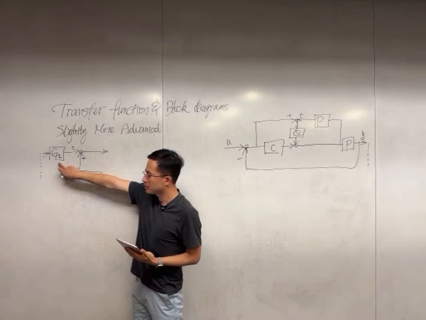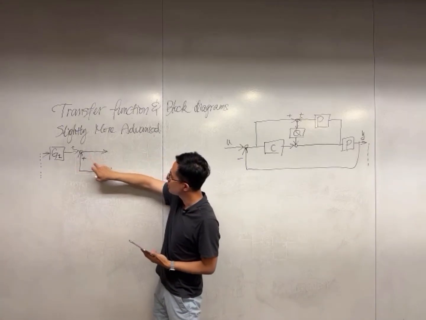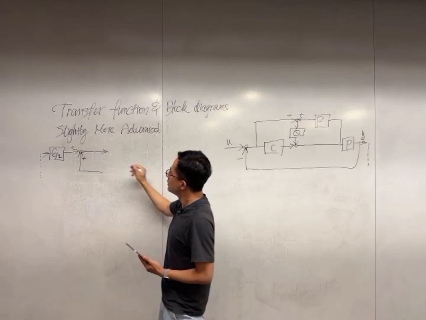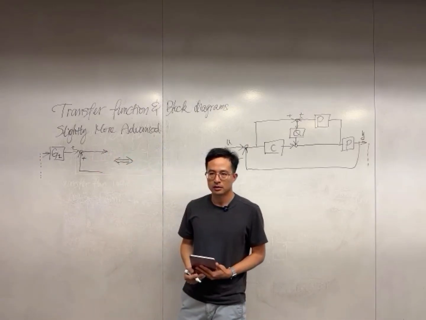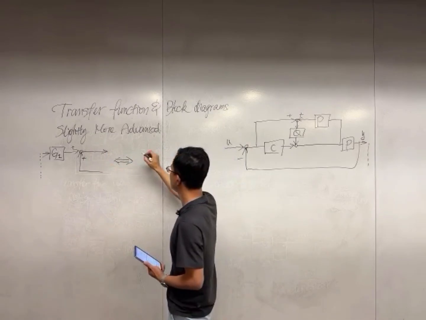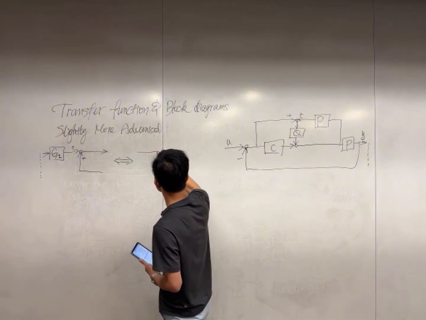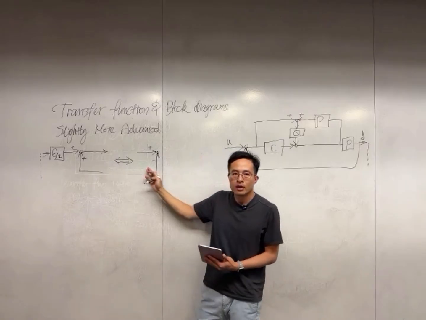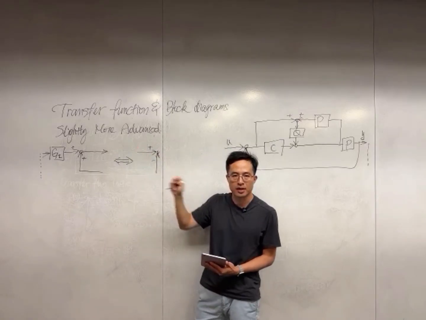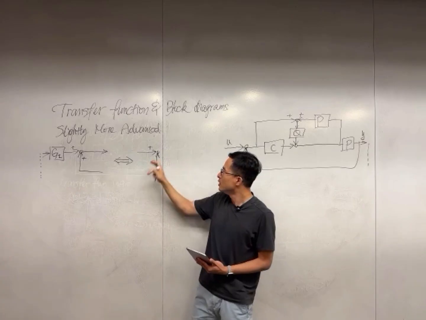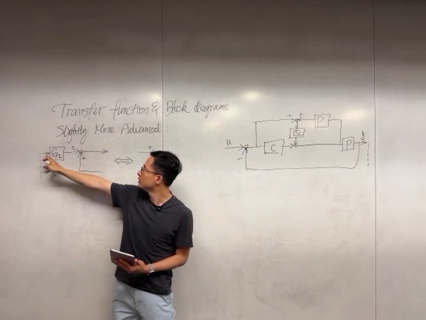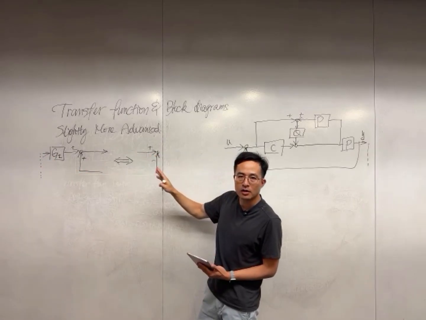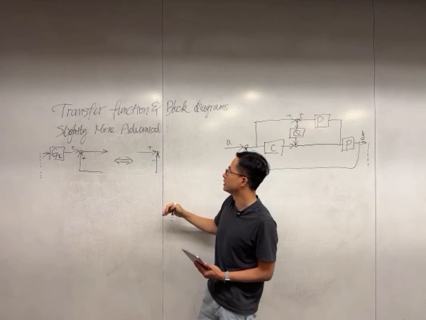First it goes through a transfer function, and then there will be a summing junction and then a path. It turns out this block diagram is equivalent to, we can write it this way. Sometimes it's convenient to have the summing junction moved. We can move the summing junction to here and then analyze things often in a slightly more convenient way.